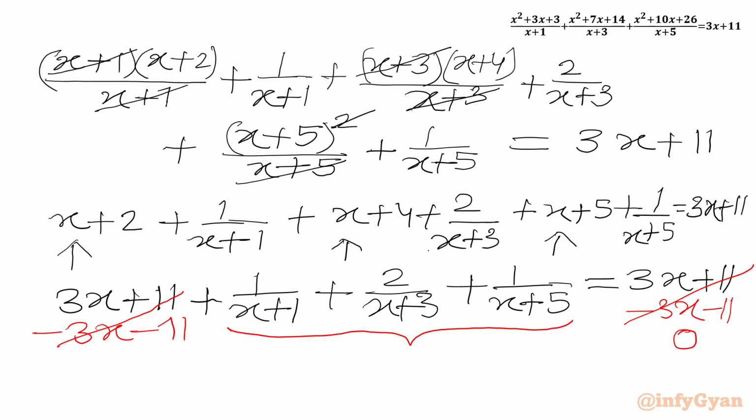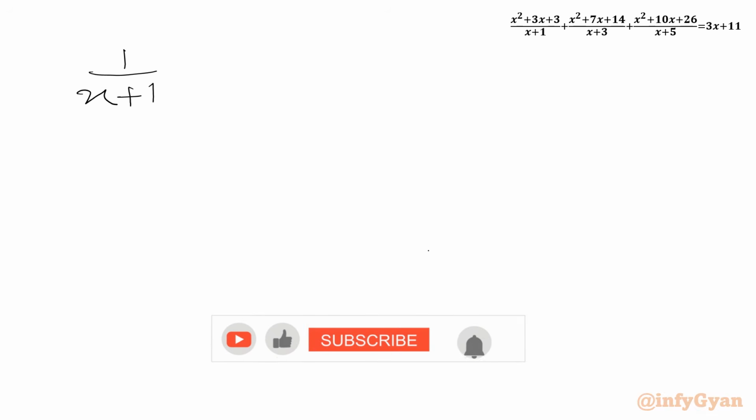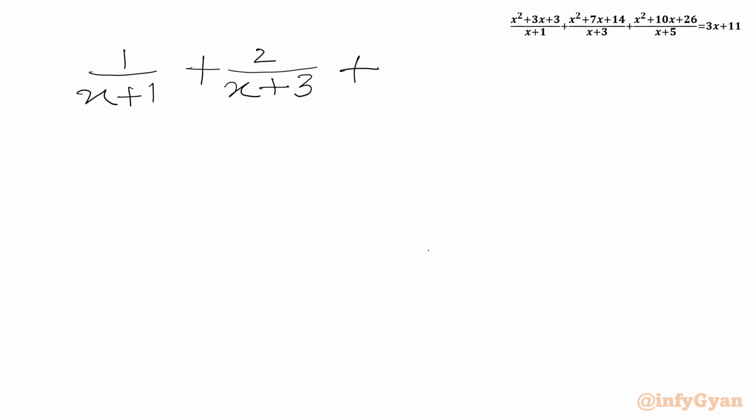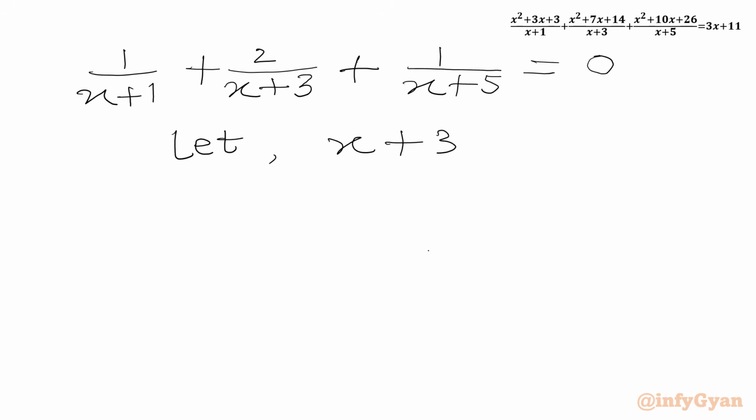So we can write our equation: 1 over x plus 1, plus 2 over x plus 3, plus 1 over x plus 5, equal to 0. Now we are going to use substitution. Let us say x plus 3 is equal to u.